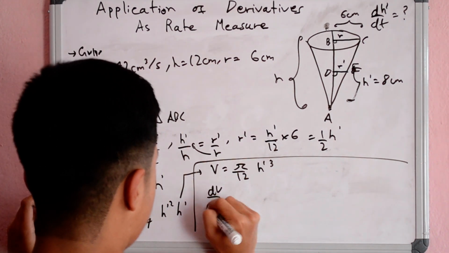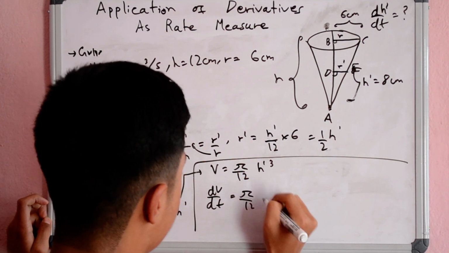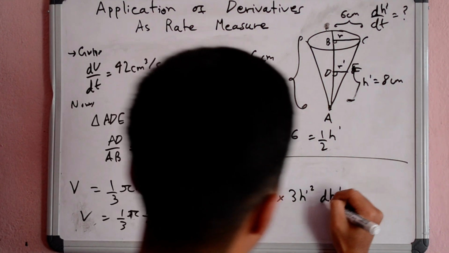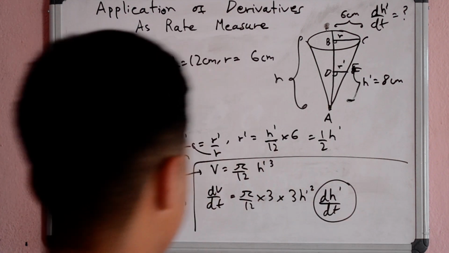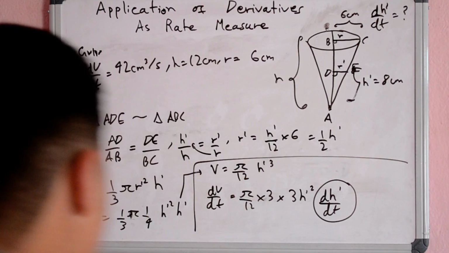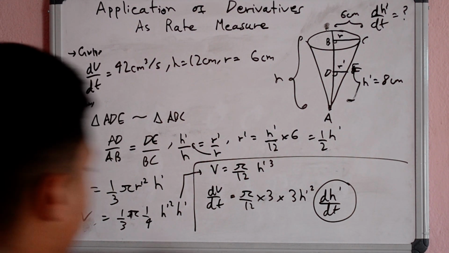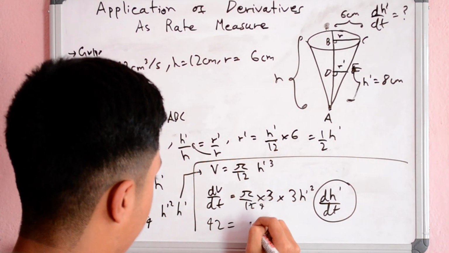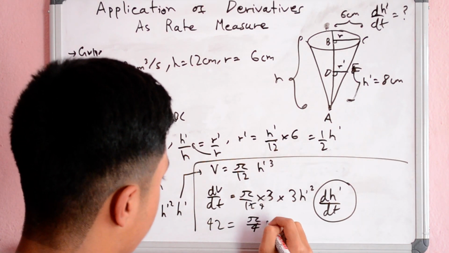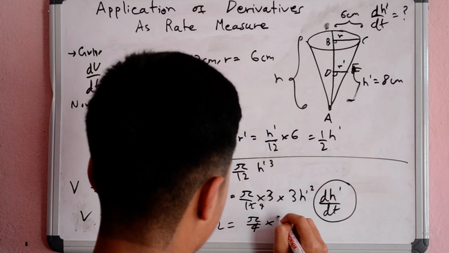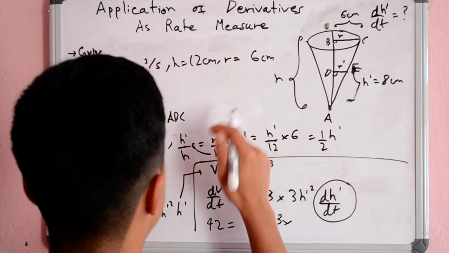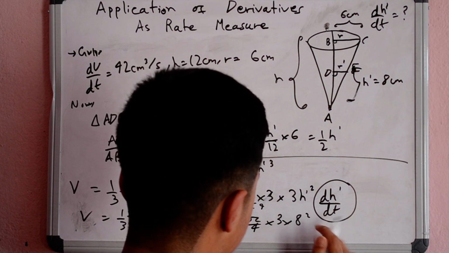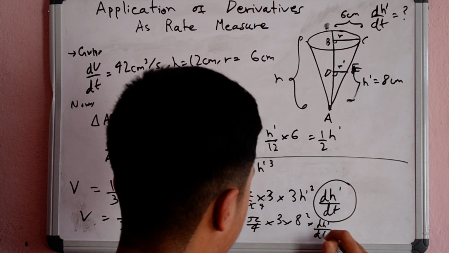So now we can differentiate both sides with respect to time. We get pi by 12 into 3 h prime square dh prime by dt. So we have to find this. Now here we can just put in the values. We'll get 42 equals to pi by 4 into 3 into h prime is 8 square into dh prime by dt.